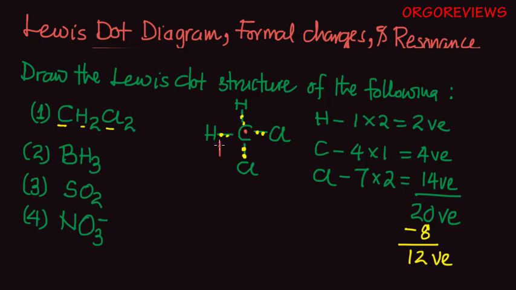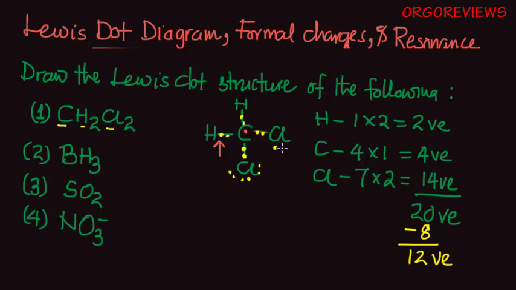Another thing you should pay attention to is that these electrons that are shared in a bond can be counted for either atom. So it can be counted for carbon, and it can also be counted for chlorine. As you can see, at this point, chlorine only has 2 electrons, and it needs 8 of those. So we can go ahead and give 6 electrons to each one of these chlorines.